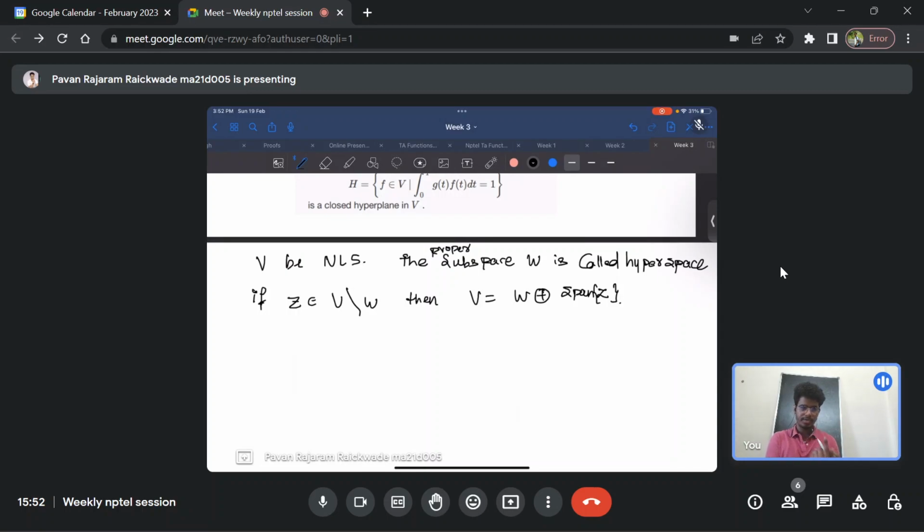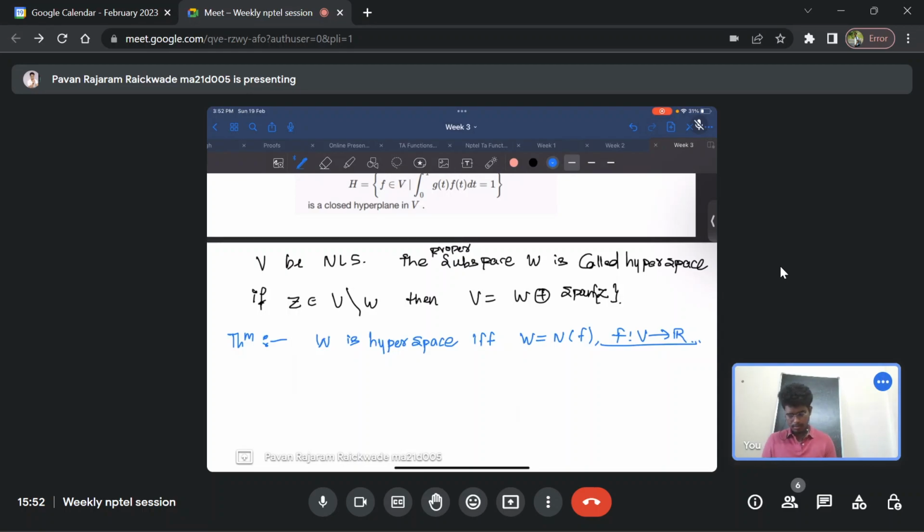So, W is a hyperspace if W equals the null space of f for some f from V.